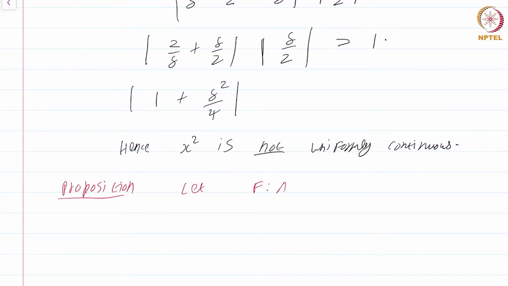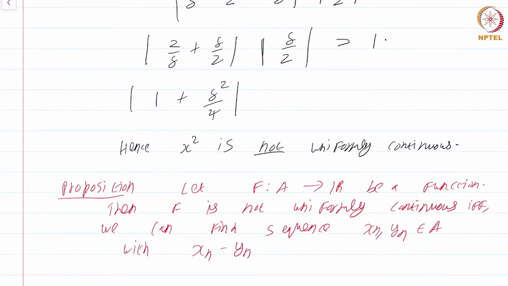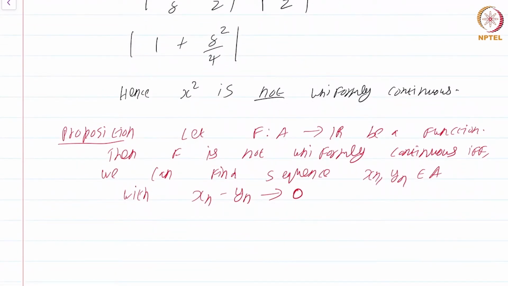Let f from A to R be a function, then f is not uniformly continuous if and only if we can find sequences xn, yn in A with xn minus yn converging to 0 such that for some epsilon greater than 0, mod f of xn minus f of yn is greater than or equal to epsilon.